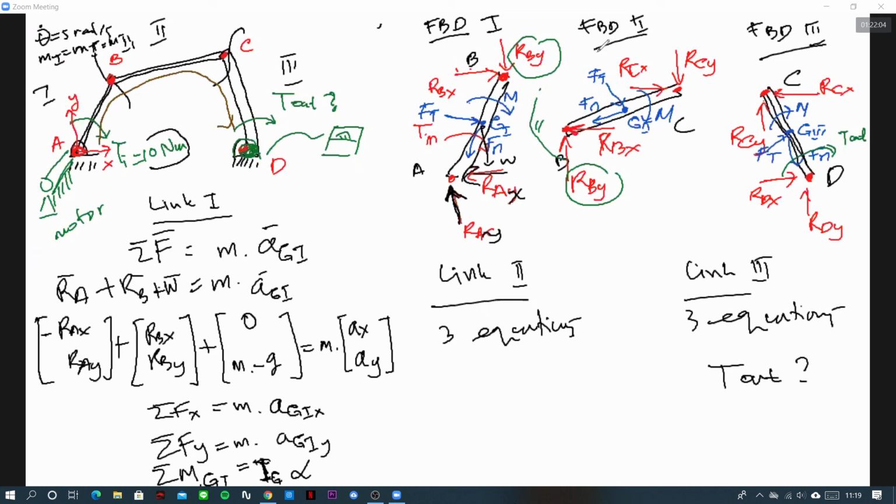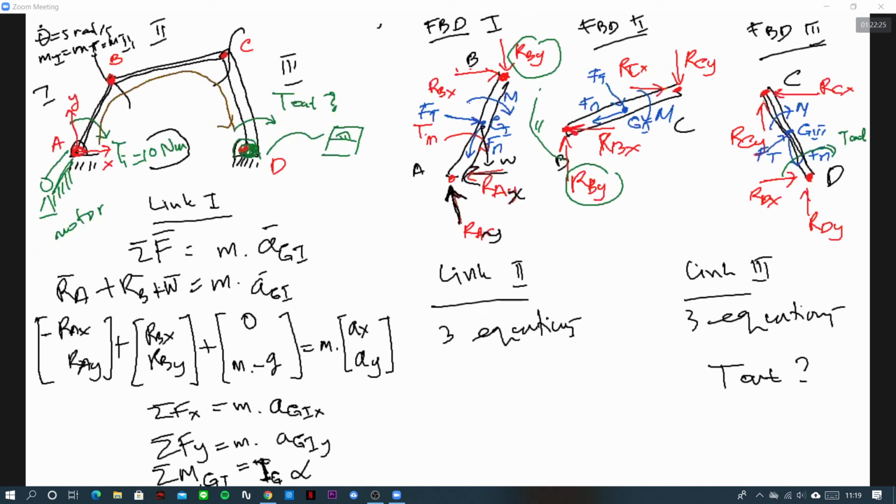All right, that's all for today. If you don't have any other questions, try to derive the equations for link 2 and link 3, and I will give an example on Thursday. Then we'll continue with the slider crank mechanism.